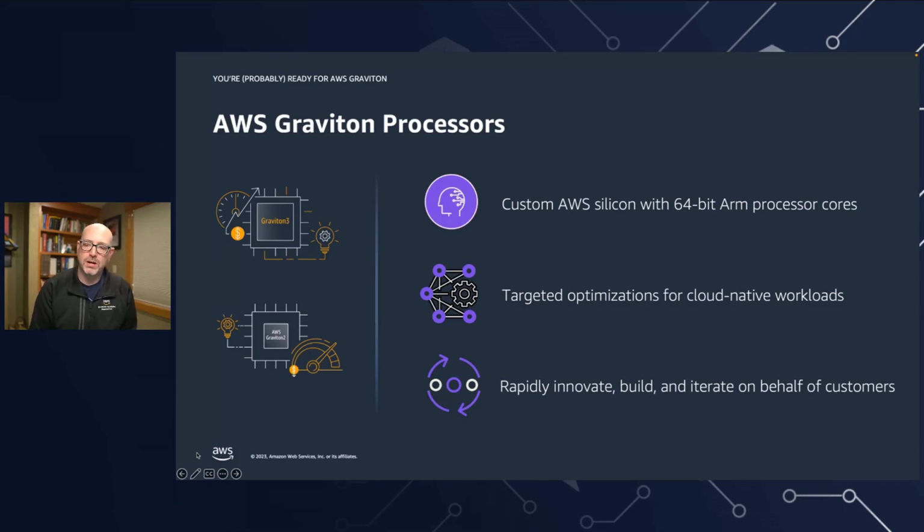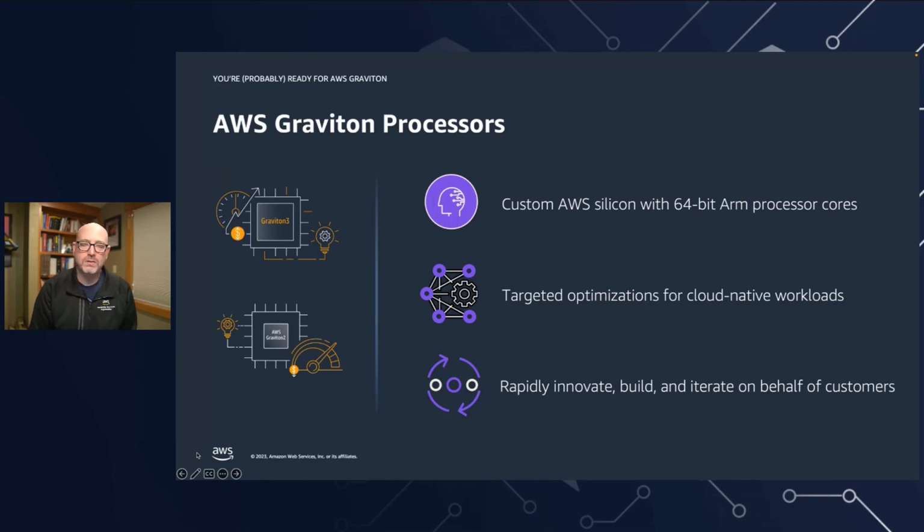We've built these new Graviton processors based on our experience working with customers on all sorts of compute workloads. These workloads are for everything from web services to very, very large financial and industrial applications to machine learning and AI. And what we've been able to do by inventing our own processors is to rapidly innovate and iterate on customers' behalf.